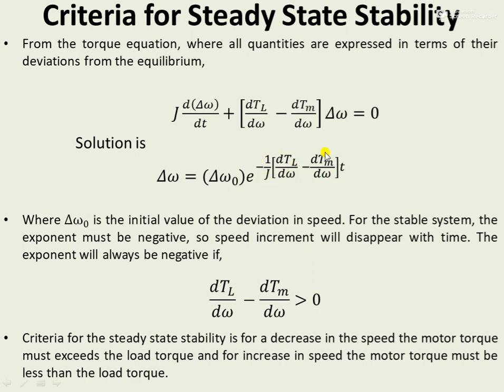For this term as a whole to be negative, the term inside this bracket must be positive. That is achieved only when the first term is greater than the second term, from which we can clearly say that the steady state stability condition can be achieved only if the slope of the load torque characteristics is greater than that of the motor torque characteristics.